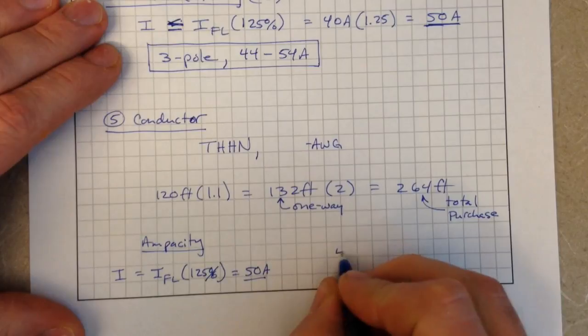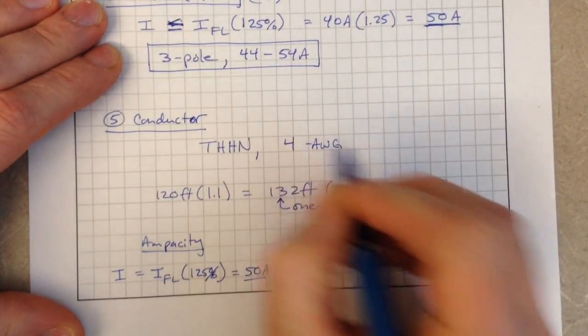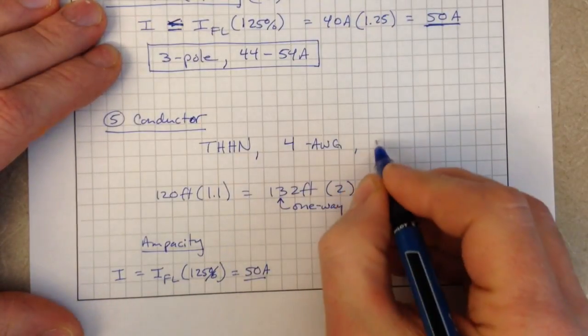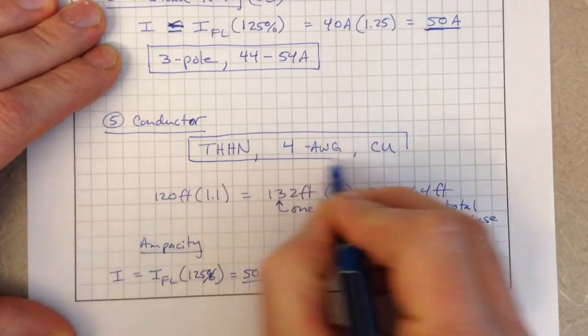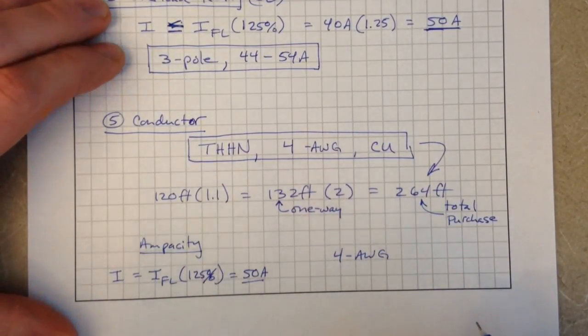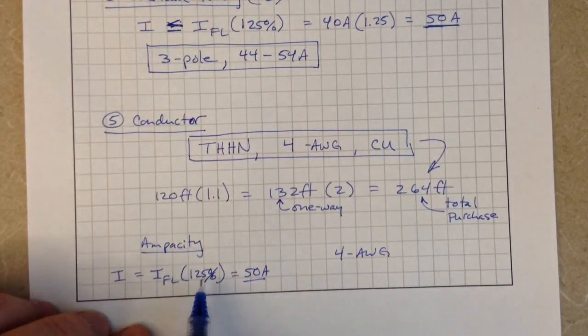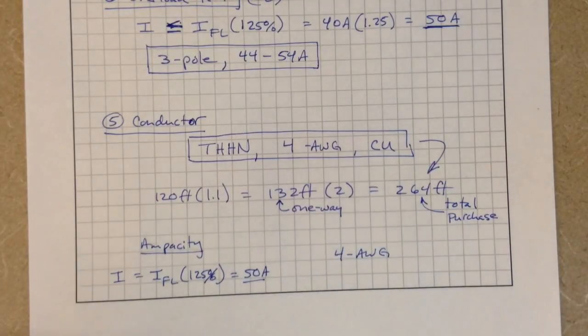We're going to end up using 4 gauge copper, and we're going to need to buy 264 feet of it. We have to make sure that we have the 125% of the full load current to get our ampacity, and then most likely it's going to be based off of the length when it's over 100 feet.